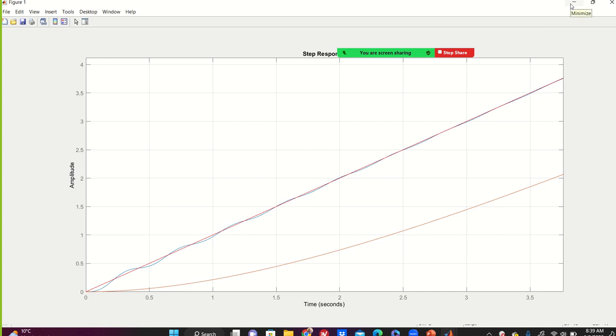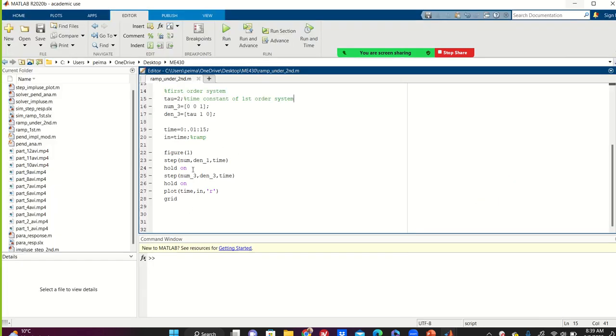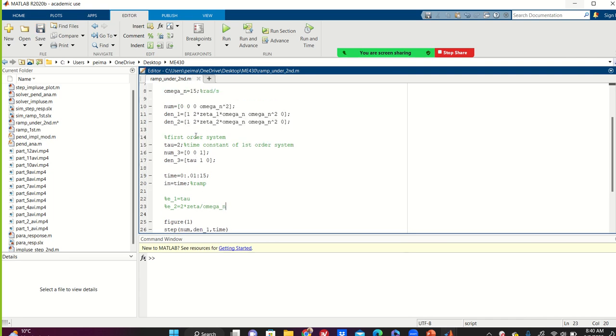Remember? So the error signal of the first order system was, I'm writing here, E of the first order system was tau. Tau is 2. But the error signal of the second order system was 2 zeta divided by omega n. See what I'm saying? So let me calculate it here. Steady state, 2 zeta times 1 over omega n. So let me run it and see the answer.